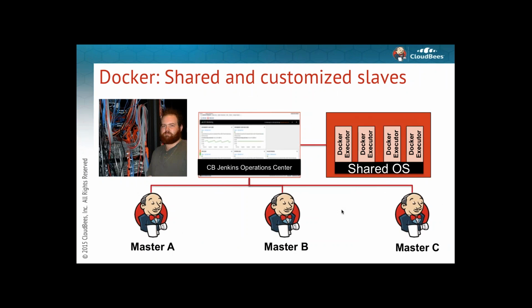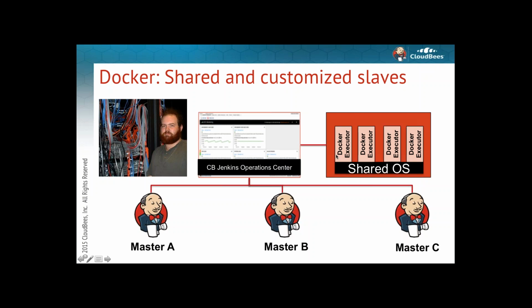This is a feature specific to the CloudBees Jenkins platform, and it's enabled with the Docker Slaves plugin. If you'll remember from earlier, the CloudBees Jenkins Operations Center is the central management tool for an organization's Jenkins instances. What this tool does is allow Jenkins masters to share Docker Cloud configurations.